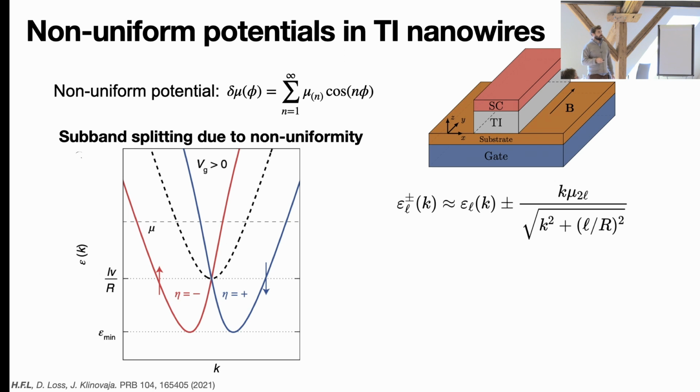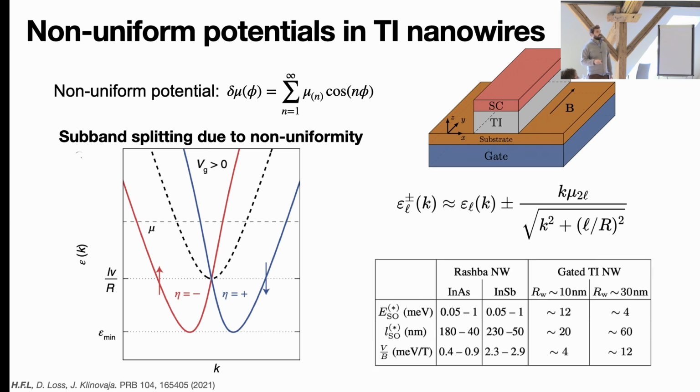What's nice about this, compared to these other nanowires, which have become very popular, well, maybe not so popular anymore, for Majoranas, is that the energy scales, to my mind, are much more reasonable. We're talking about many meV, for example, for the effective spin-orbit coupling, the size of this band splitting.